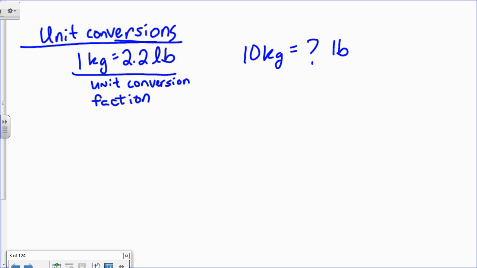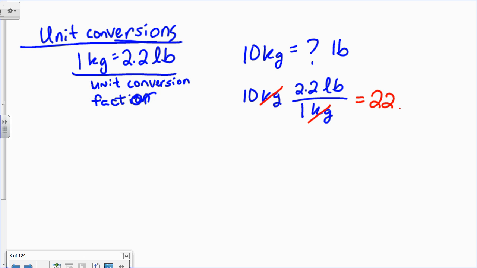And I don't have Google where I can look it up, right? So I say 10 kilograms and I multiply it by the unit conversion factor, and I set it up in such a way that my units cancel out. Notice here that my kilograms divide out. And so I'm left with 10 kilograms is equal to 22 pounds.